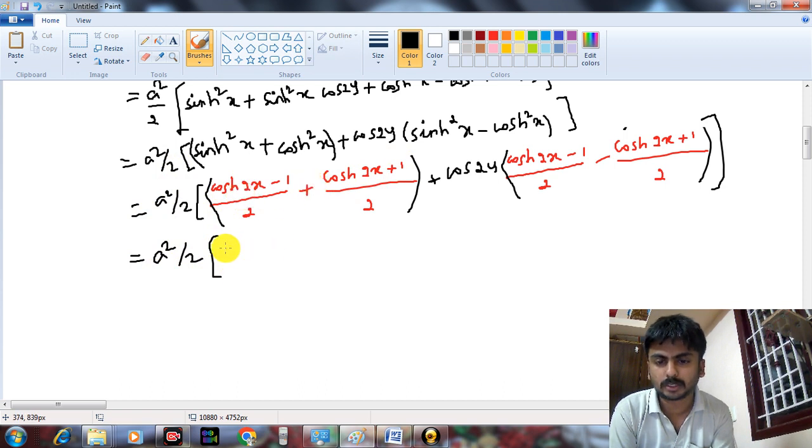So 2 cos h 2x divided by 2. Okay, I shall write 2 here, then it will be easy for you to understand.